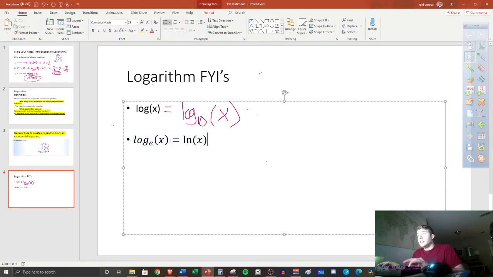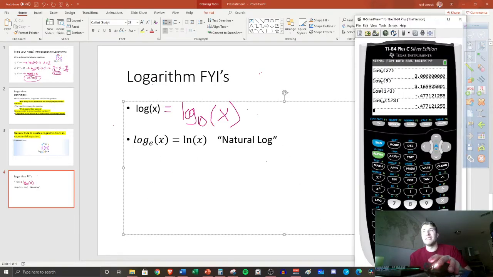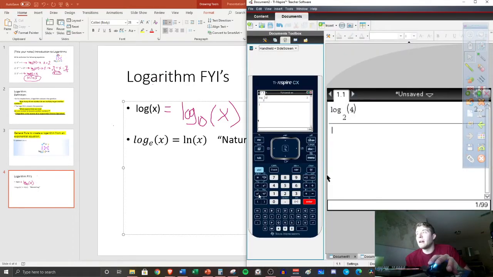This is known as natural log. So normally you'd think it would be NL for natural log, but it's always ln. You'll notice on the calculator for those using the 80 series, you'll have ln. On the Inspire, you have control, and it should make sense, e to the x right here. Control e to the x, you get ln, right?